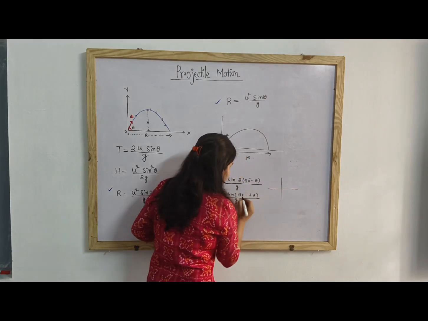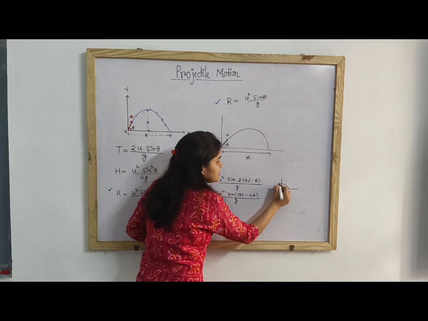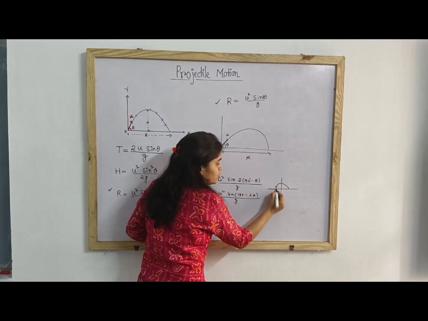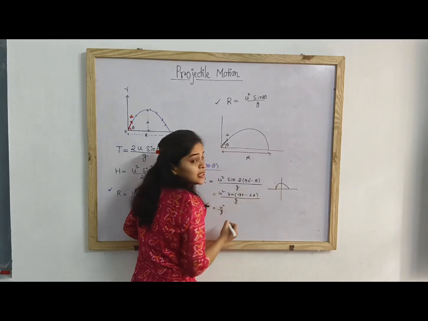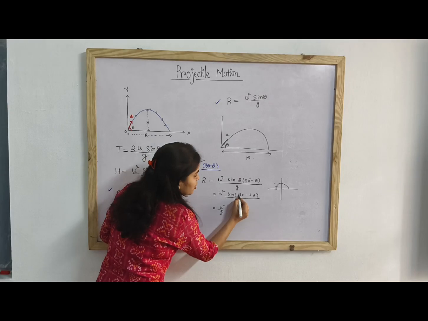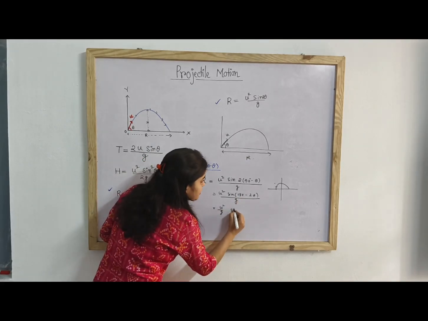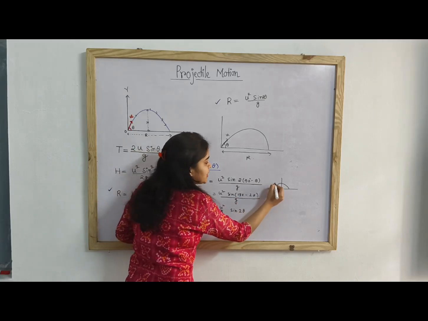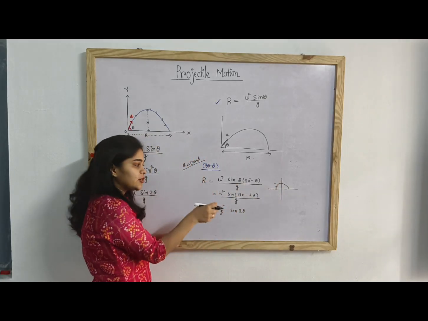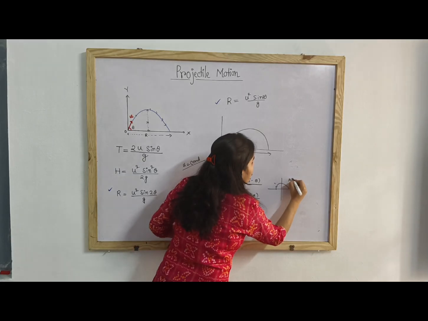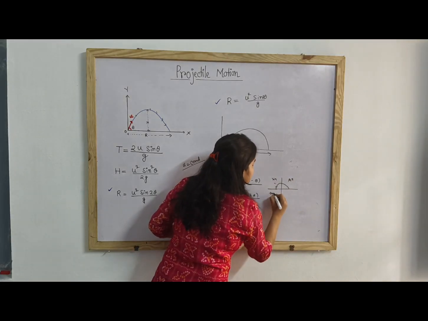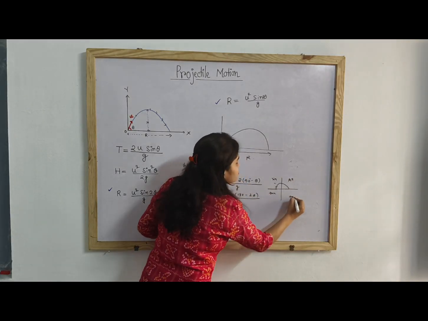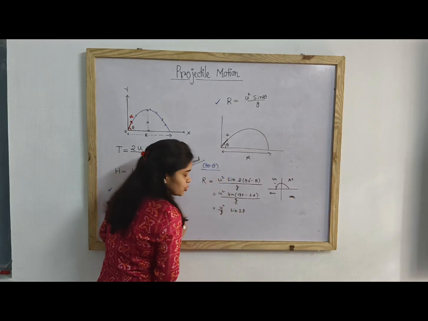Sine 180 means this is 90, this is your 90, and minus 2 theta means you are in the second quadrant. Because this is 2 into 90, sine will remain sine 2 theta, and because the point is in the second quadrant, where sine is positive, you will get the positive sign here.